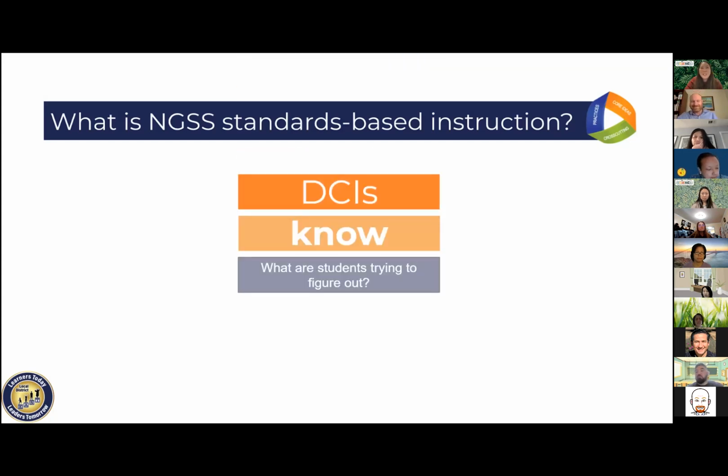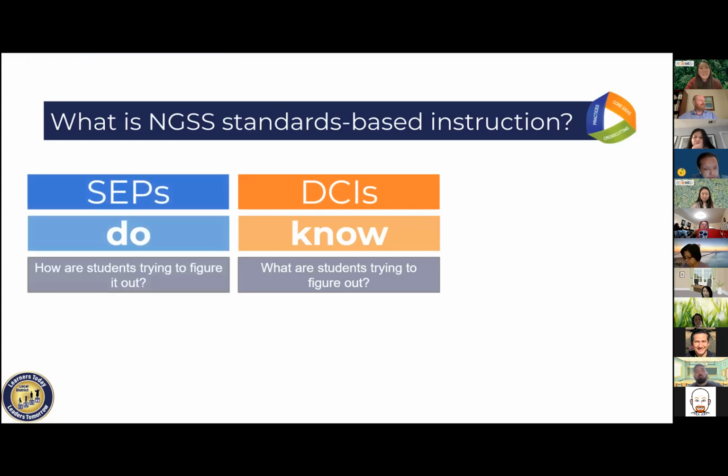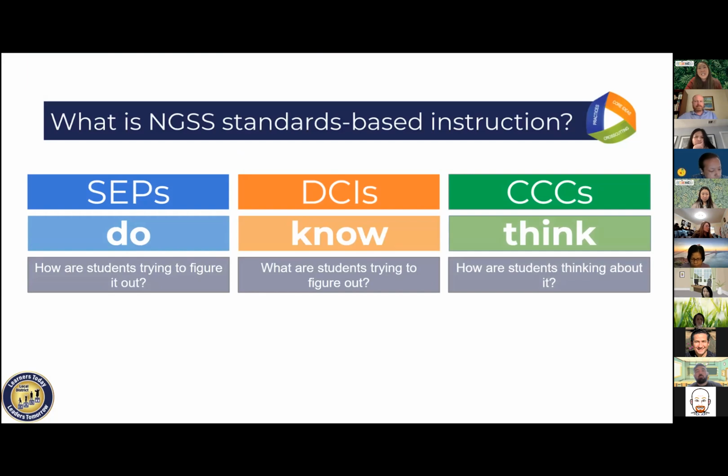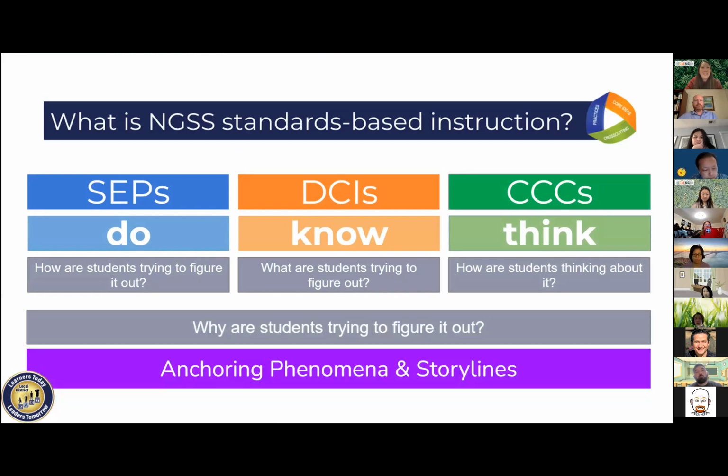What do we want our students to try to figure out, right? These are our DCIs. Then our SEPs. How are our students trying to figure that out? What are they going to do to figure out the DCIs? And last but not least, taking on the lens as scientists, how are they going to think about it? And all of this is, of course, anchored in that anchoring phenomenon, the storylines, why they're trying to figure it out.